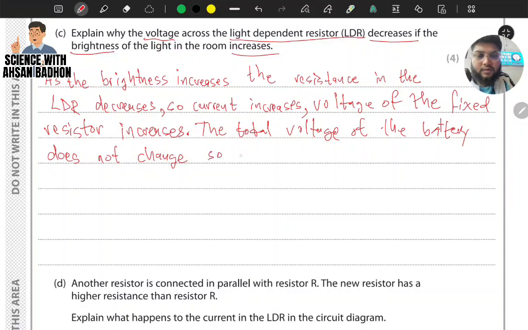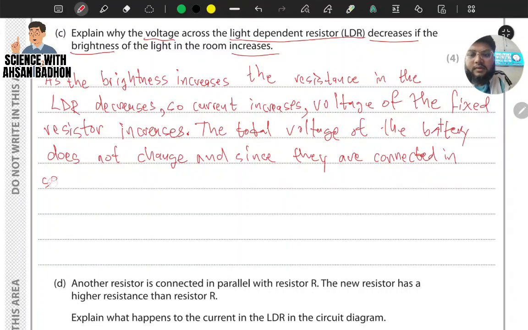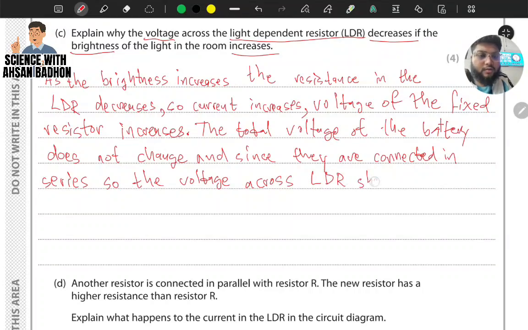And since they are connected in a series circuit, the voltage across the LDR should decrease. So this is our answer for 4 marks.